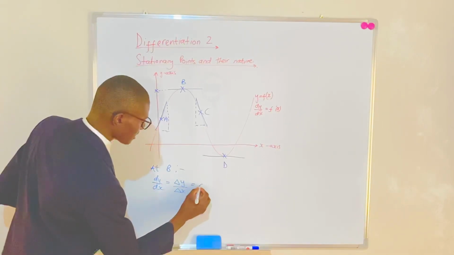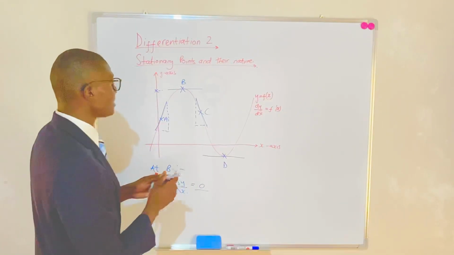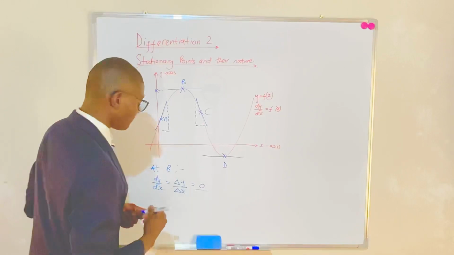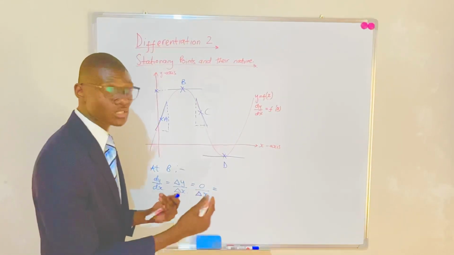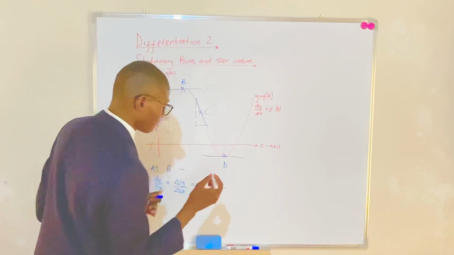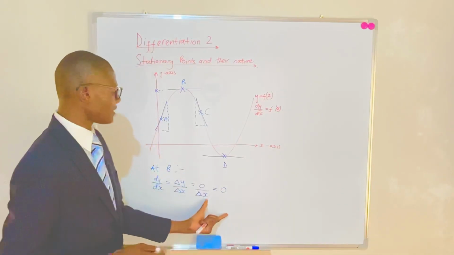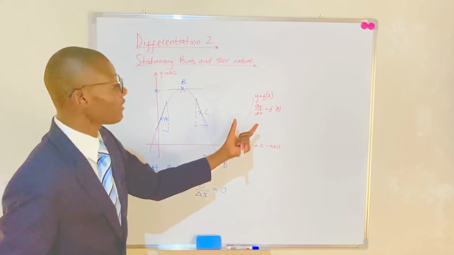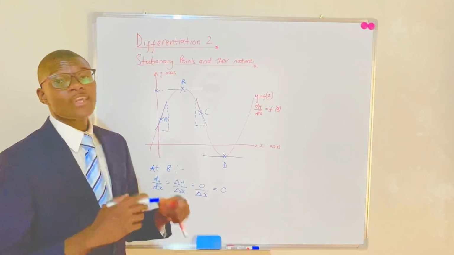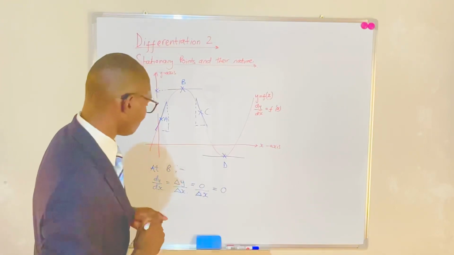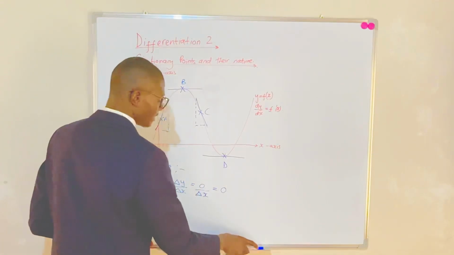So we are saying 0 over whatever change in x that we decide to have, but this will still give us a 0. So at point B, the gradient of the curve y is equal to f of x is equal to 0.